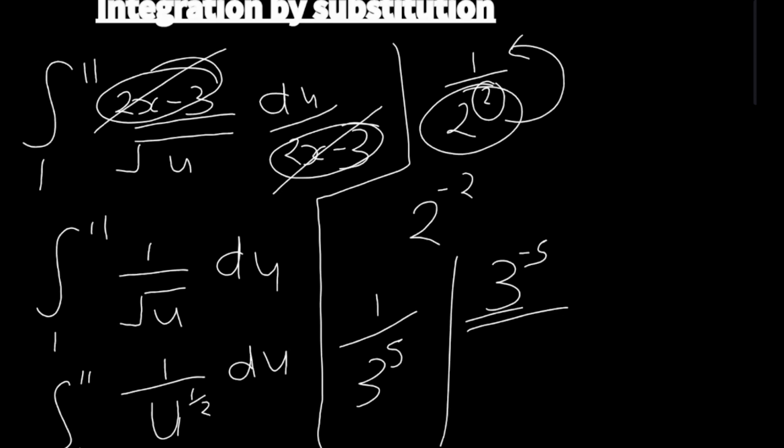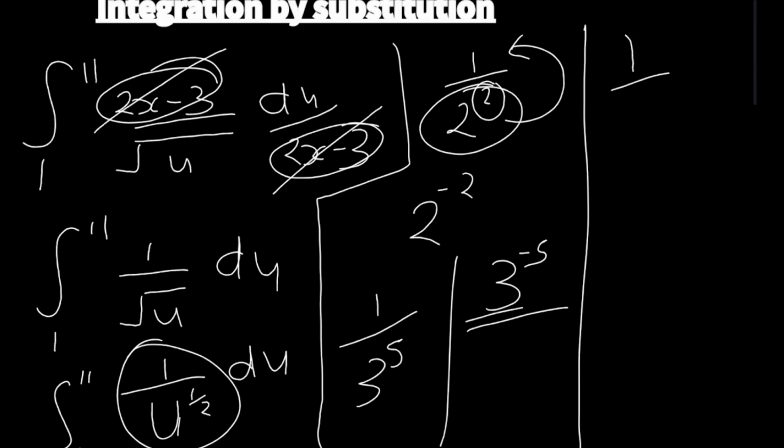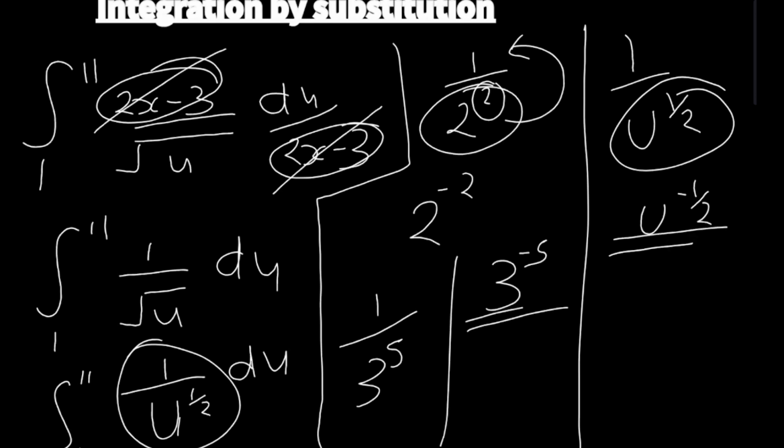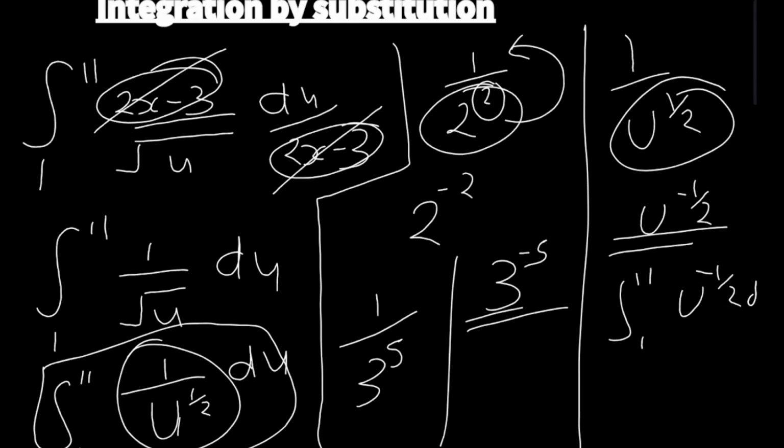Now, given here, 1 over u raised to a half is the same as saying u raised to negative half. Whenever you have a number raised to a power and you make it the numerator, the power gets a negative. We can go on. So from here we can write the integral from 1 to 11 of u to the negative half du.